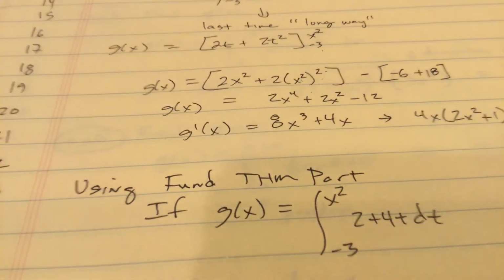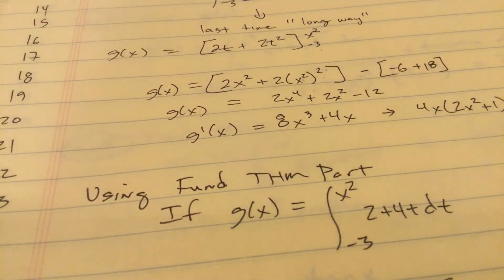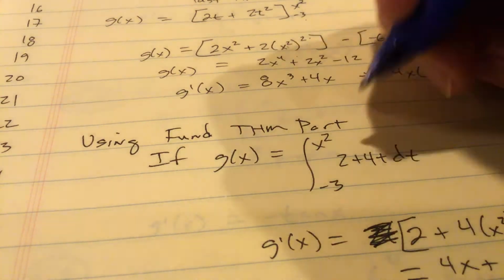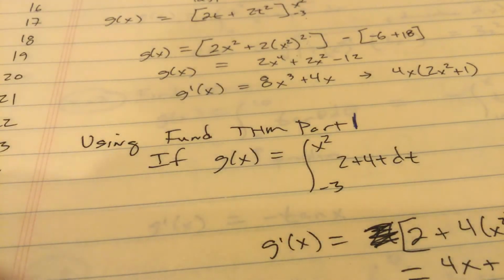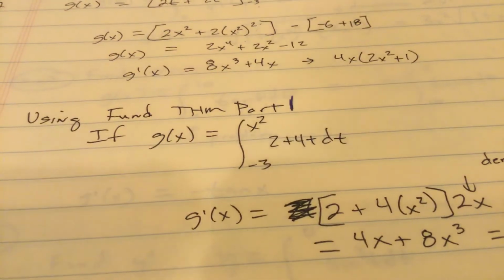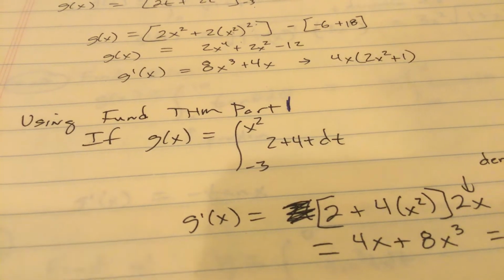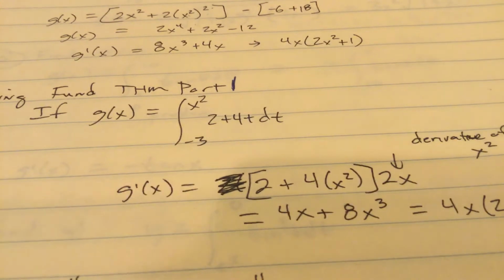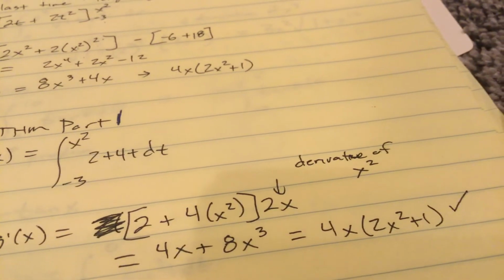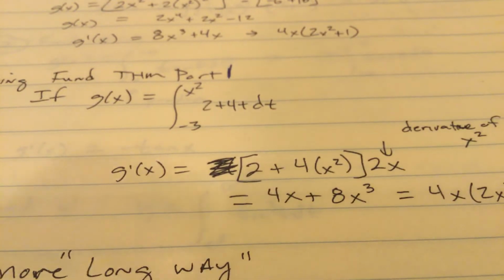Now, a much quicker way, using the fundamental theorem, part 1. If g of x is equal to that integral there, then g prime of x, what I do is I plug x squared in for t, but I've got to find the derivative of x squared. Just like that first example, the derivative of that upper bound, x, is just 1, so I didn't write it.